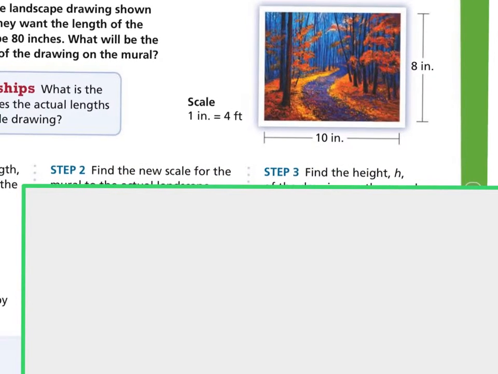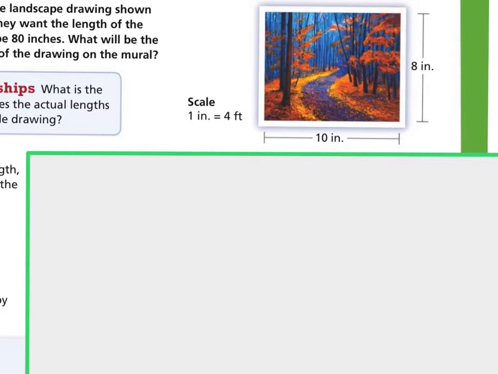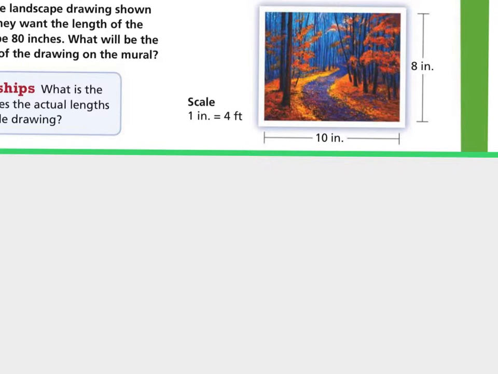So here's the scale, and they give us what the dimensions are of this. What we're doing is we're going to be doing a different size than what we've got right here. So to me, I think it makes sense, first of all, if we try to figure out what the actual length and width are.